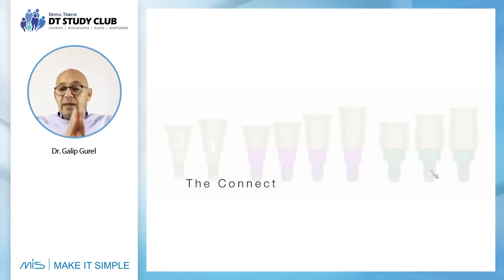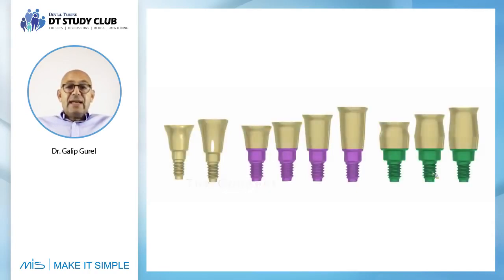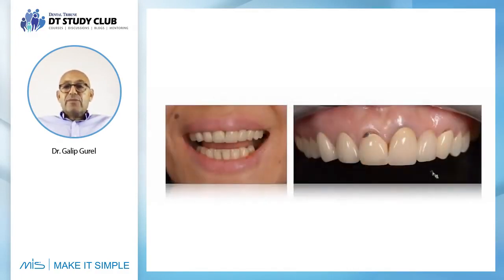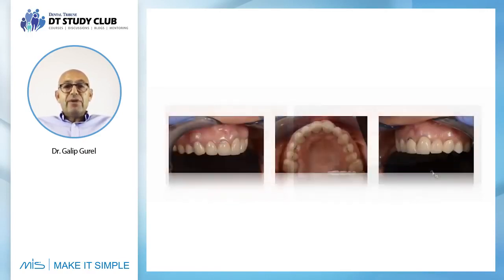Now, what about the connect? I think this was a brilliant idea. You see all these abutments, which I will share with you in a second. And let me walk you through this case to better explain this to you. So this patient had a bridge on the left central, a pontic, which she is not very happy with.